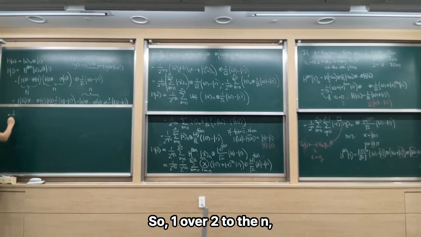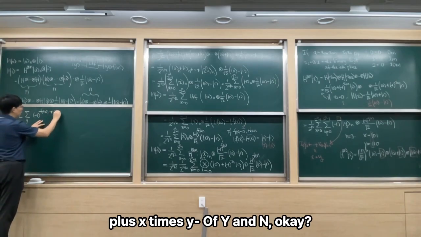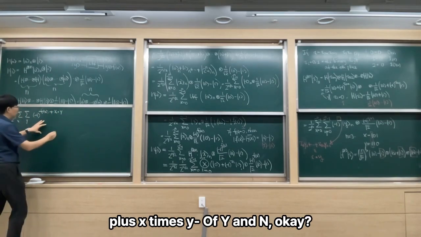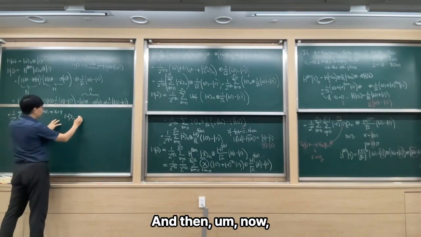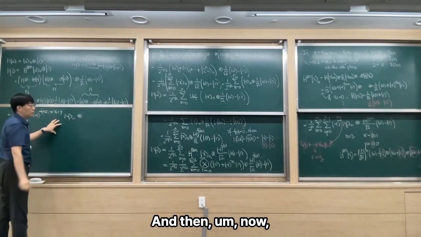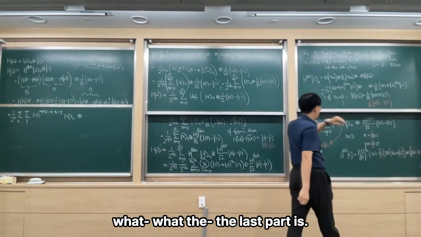So 1 over 2 to the n, sum over x and y, of minus 1 to the f of x plus x times y, ket y, okay? And now it really doesn't matter what the last part is.